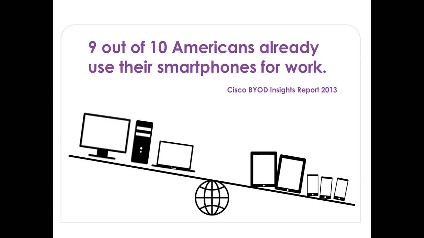If we're not providing helpful, useful information to them, they are using these devices to do an end run around the limitations that we're placing upon their immediate access to helpful information. This is from a Cisco Bring Your Own Device Insights report from 2013. This is a great illustration. The world is tilting away from desktop and laptop computing to mobile computing. This is where it is.